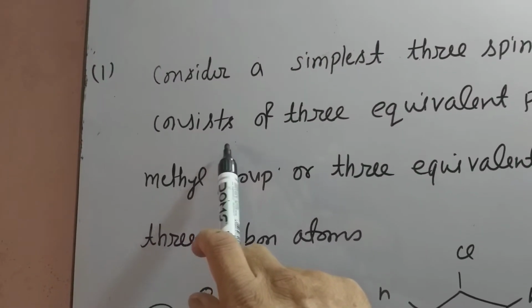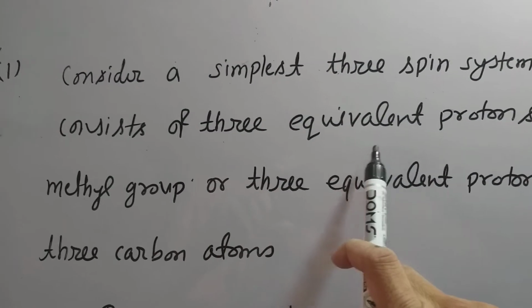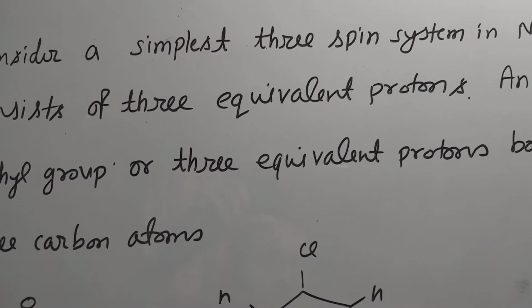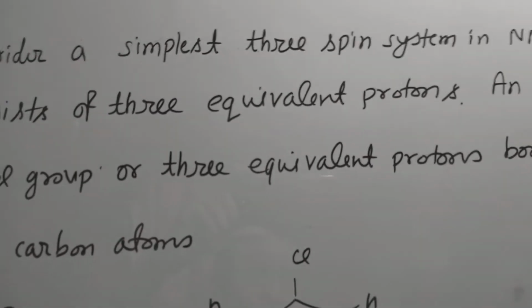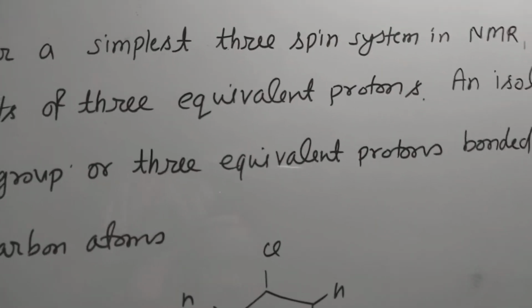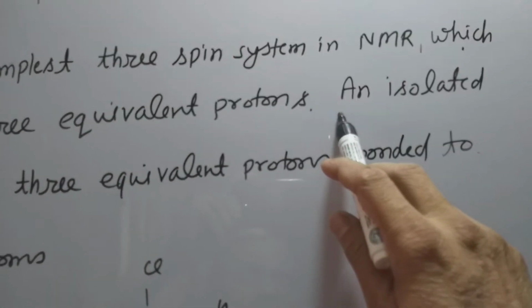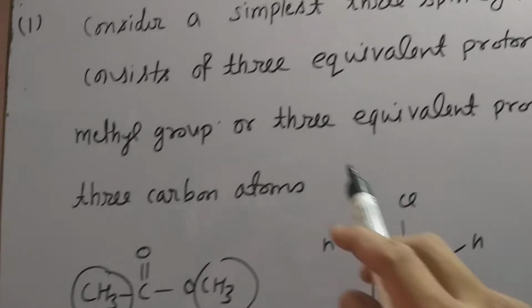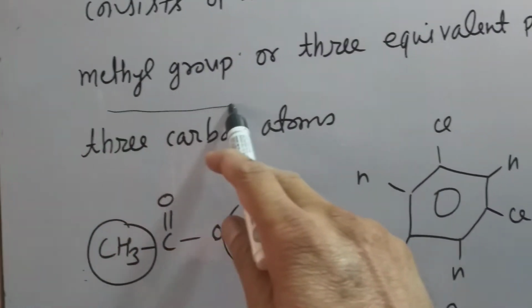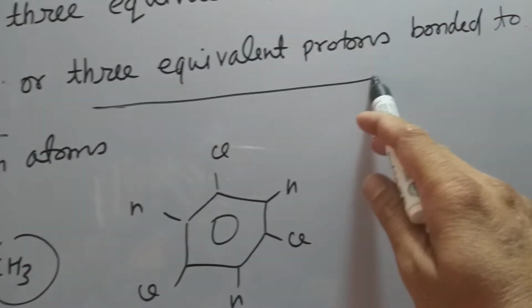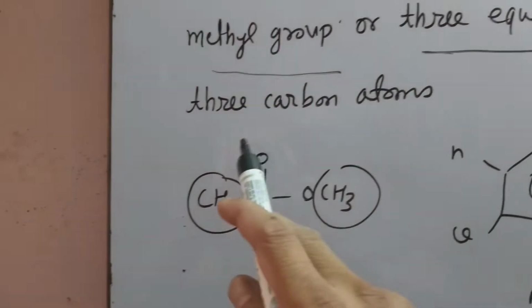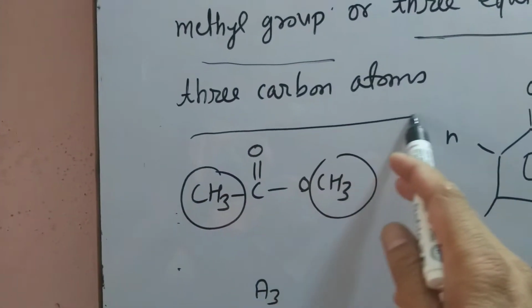It consists of three equivalent protons, that is, they will have the same value of chemical shift. An example of such a system is an isolated methyl group, or three equivalent protons bonded to a carbon atom.